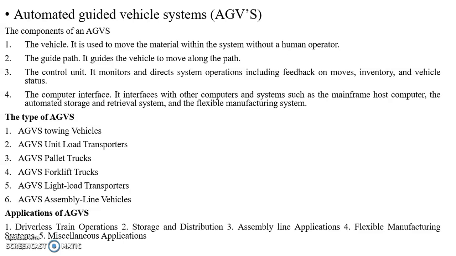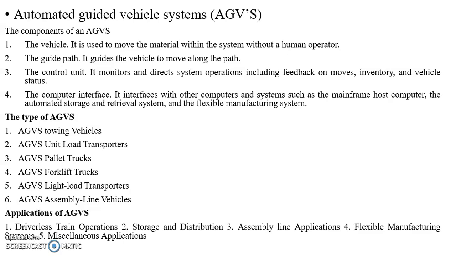Next, the different types of AGVs used. That is AGV towing vehicles. I think you know what towing is. If your friend's vehicle runs out of petrol, you will tow that vehicle to the petrol bunk.